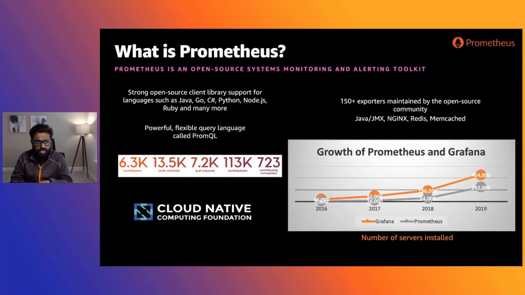Prometheus is an open source monitoring and alerting toolkit, and it has gained significant popularity in the last 5-6 years or so, simply because it has a really powerful query language called PromQL. It is very flexible and very powerful. It's also simple to use. The Prometheus metric format itself, in other words the Prometheus exposition format, is really simple.